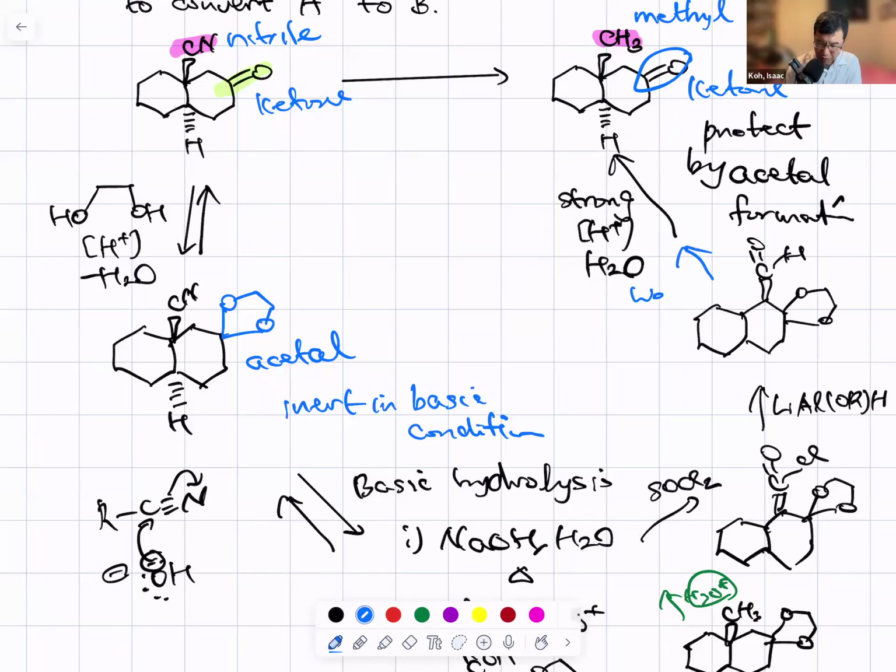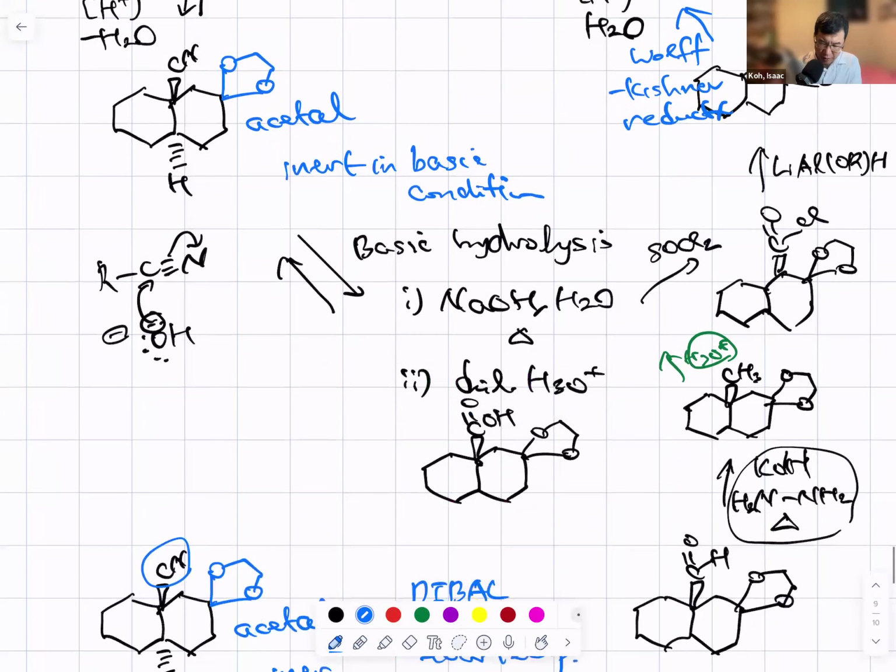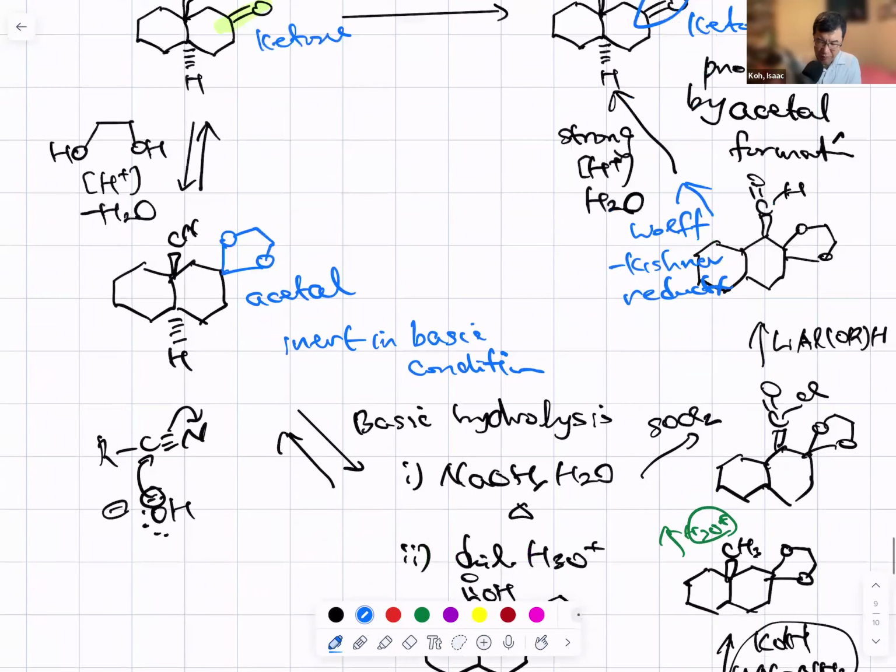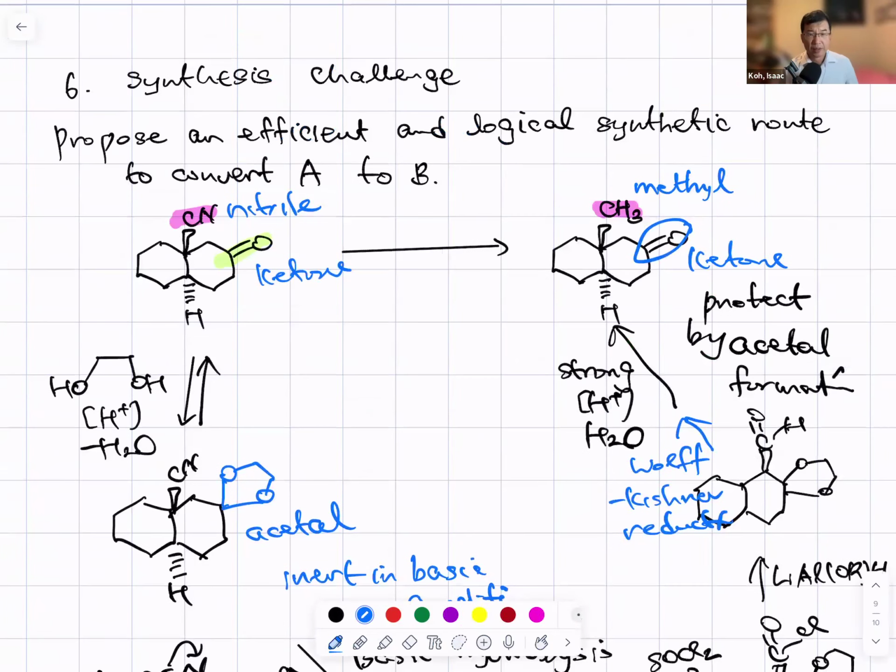So with the Wolff-Kishner reduction, I can take this aldehyde off. All right. Okay. So number 6 was really a bit challenging because we are preserving the ketone but transforming a nitrile into a methyl group. So it was kind of a long process.